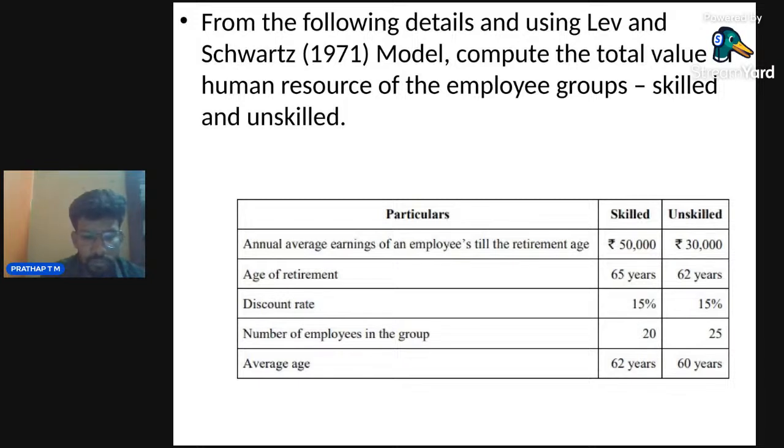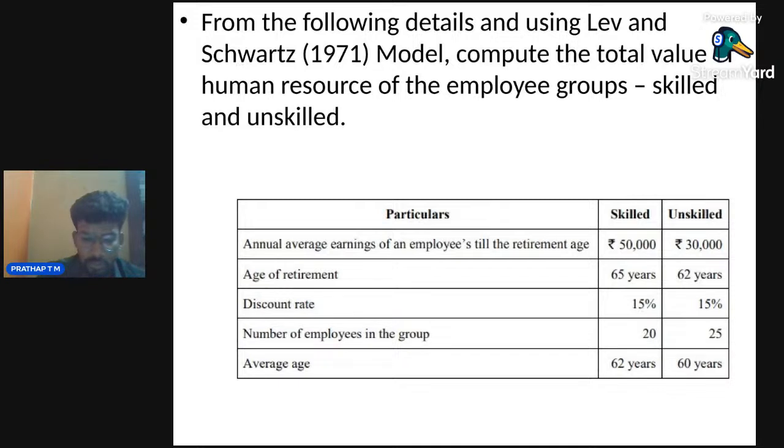Value of an employee. We can do that. Very simple. You just multiply these two. The value becomes 1,14,150.